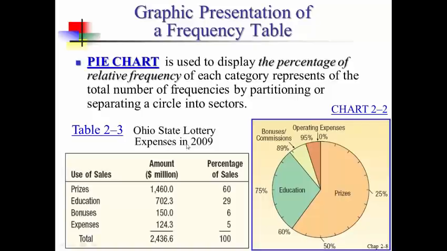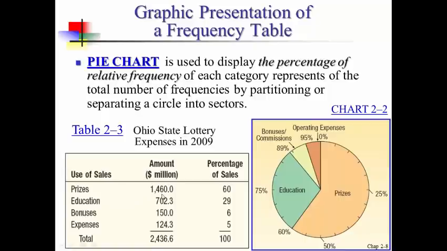There are four types of expenses: prizes, education and training, bonus, and other expense. These are the four types of expense that we want to study from the Ohio State Lottery expenses, and each type has its own spending.